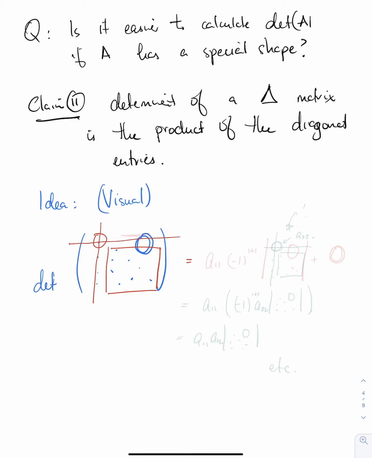So this is going to be A11, of course, times -1 to the 1 plus 1, which is just 1, times the determinant of this red matrix, which, luckily enough, happens to also be a lower triangular matrix. If I were to continue the cofactor expansion, I'm just going to get zeros, since it's zeros all along here.